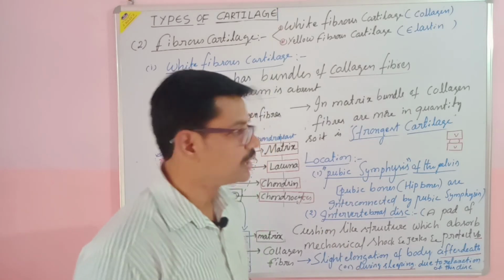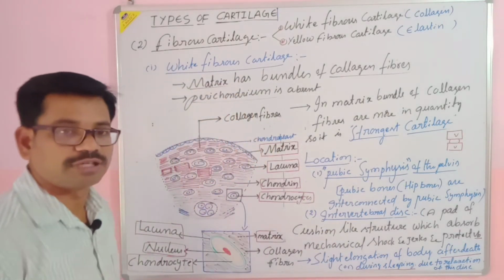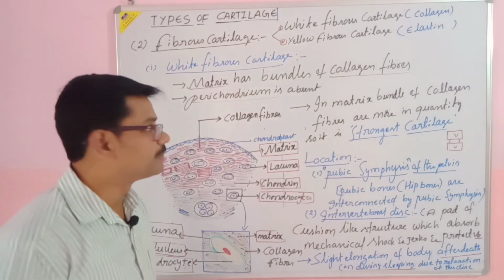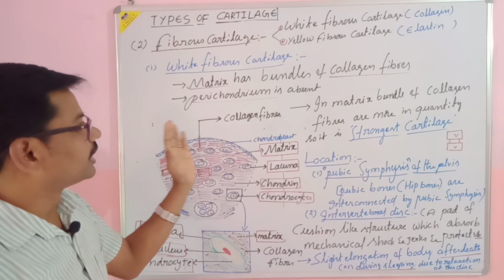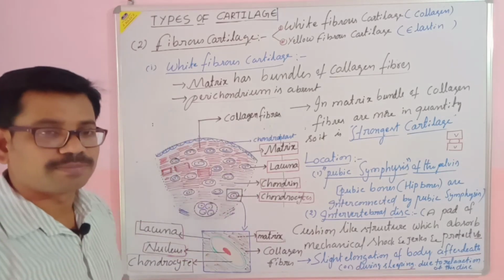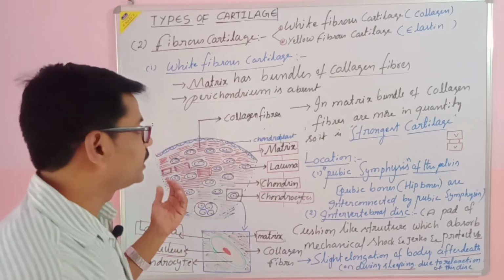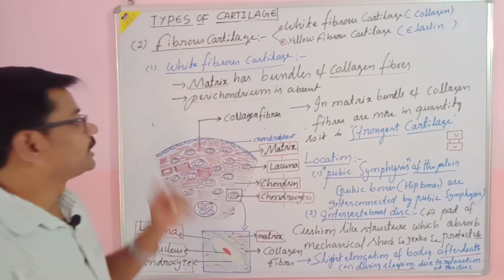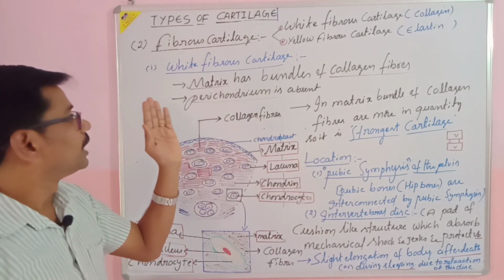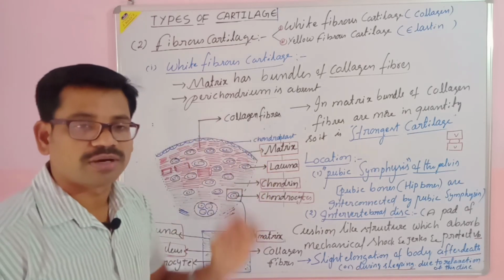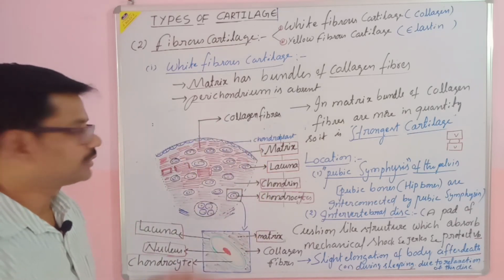Do you understand? Right. So in today's lecture we have completed white fibrous cartilage. The main important differences between hyaline cartilage and white fibrous cartilage are: hyaline cartilage has a perichondrium and white fibrous cartilage does not.